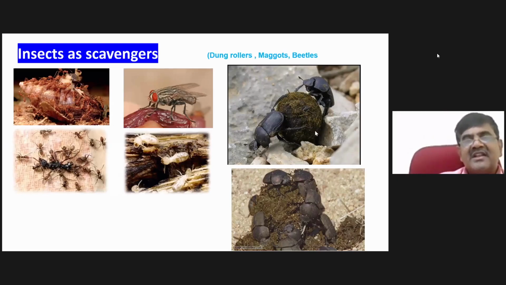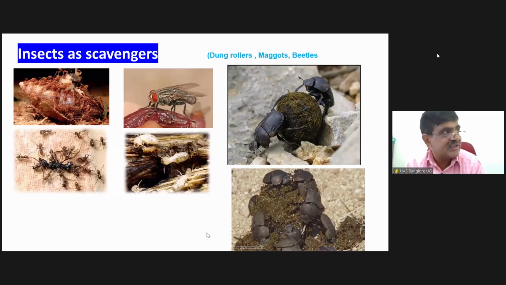You might have seen here, this is dung. If you go to the forest, there are elephants which leave heavy quantities of dung. Suppose we leave the dung as such, the environment gets a foul smell. So what these dung beetles will do is they feed on the dung of the animals and keep the environment clean.